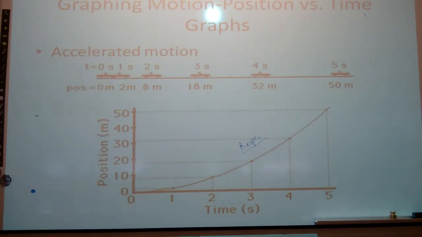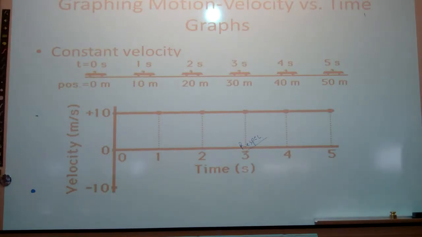Okay. Now we're going to do velocity versus time graphs. So, what's the slope of this line? 0. And it's obviously 10 meters per second for the velocity. What else is 0 in this situation? Acceleration. So what does the slope of a velocity versus time graph represent?